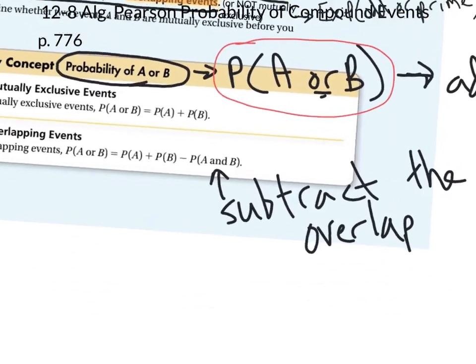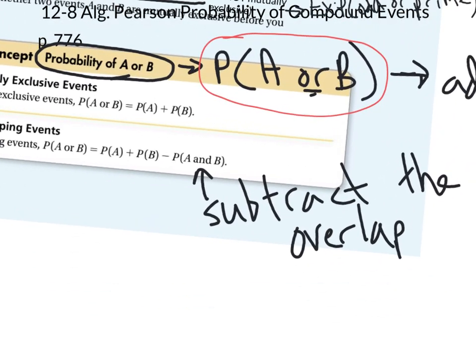That's that last part there, they're subtracting the overlaps. And again, the other option you have is to just list out all the possible outcomes and then just make sure you don't count the same thing twice. Okay, so we'll talk about that in a minute. I think it's a little simpler listing things out than adding and then subtracting from that, but that's up to you how you want to do these problems.